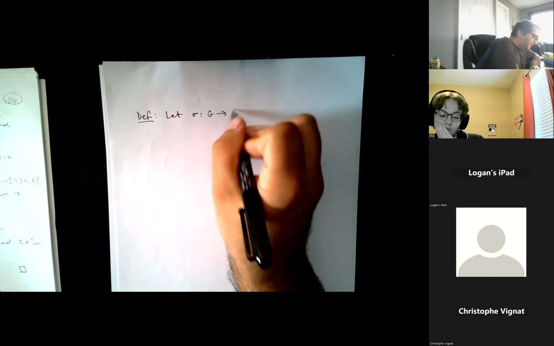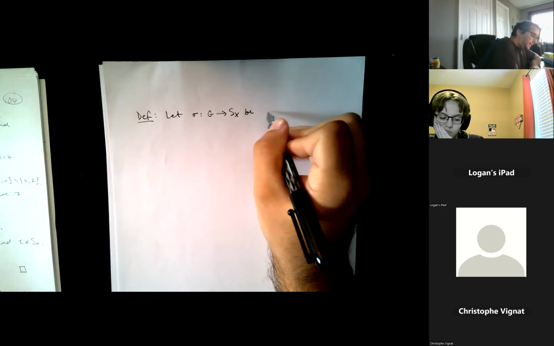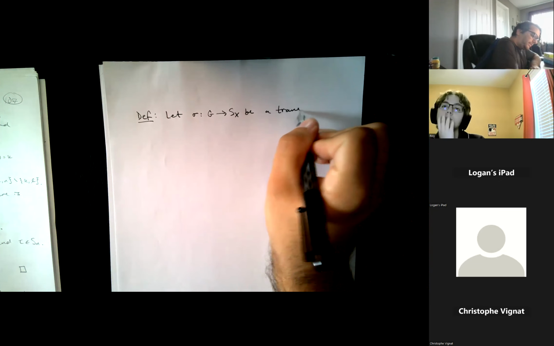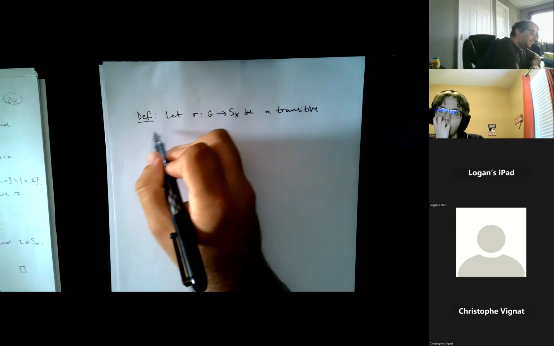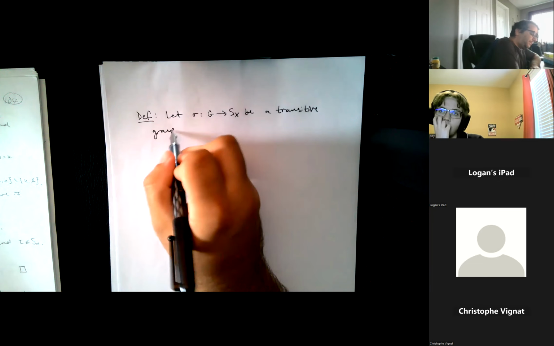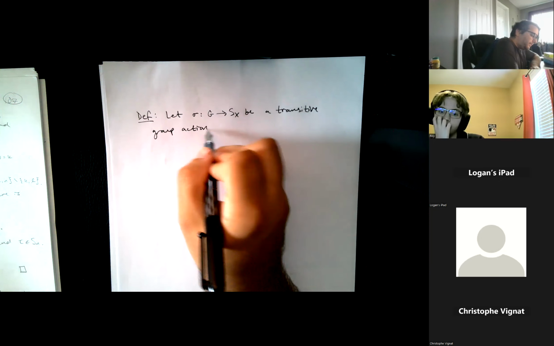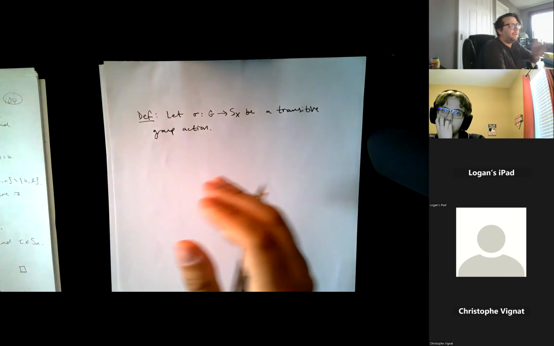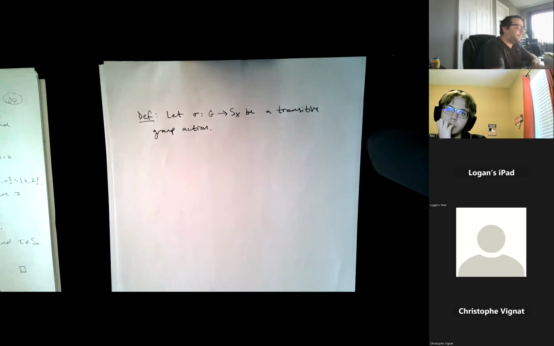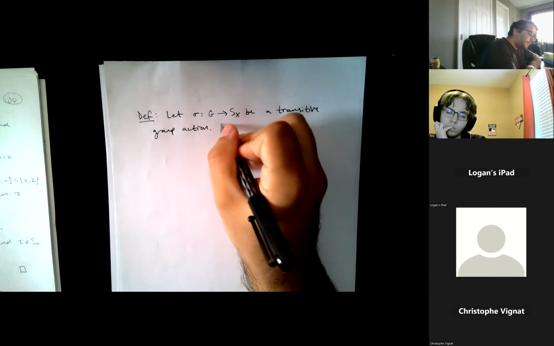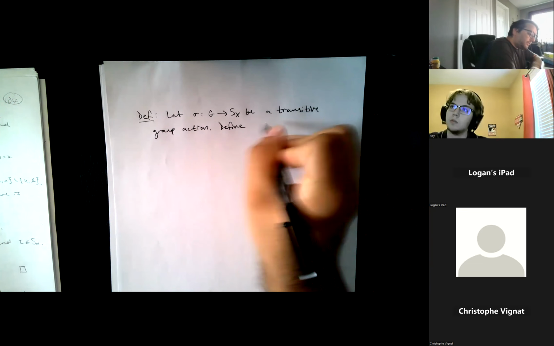Let sigma from G to Sx be a transitive group action. So we're assuming this thing is transitive, means it has only one orbit, or every two elements are connected by the action of a group element. And we could define another map.